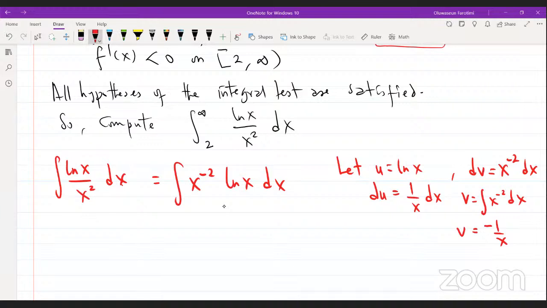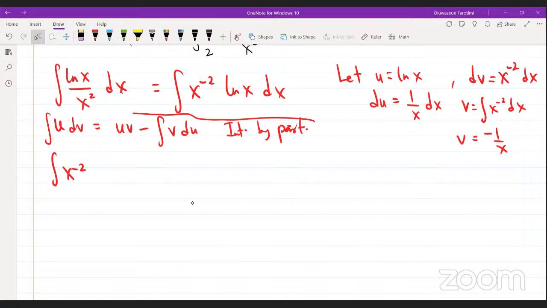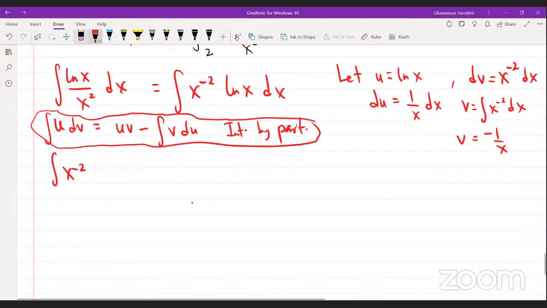So we know u and v, but remember that the formula is the integral of u dv equals uv minus the integral of v du. This is the integration by parts formula.